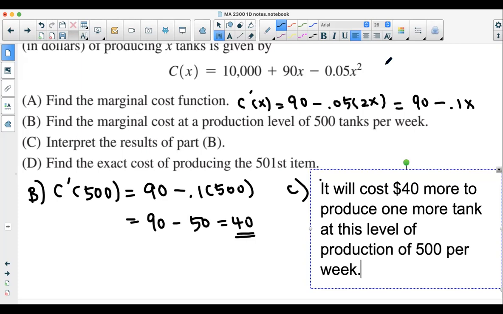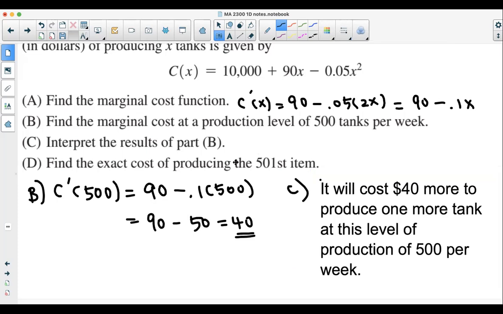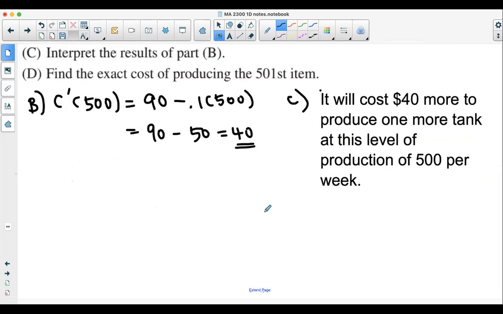Okay, now part D is find the exact cost. So instead of using calculus to estimate, they want you to actually figure out the exact cost of making the 501st item. If I were to do that, how am I going to get it?